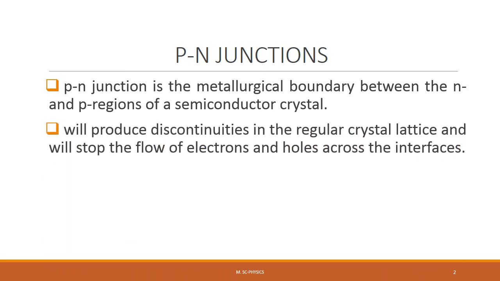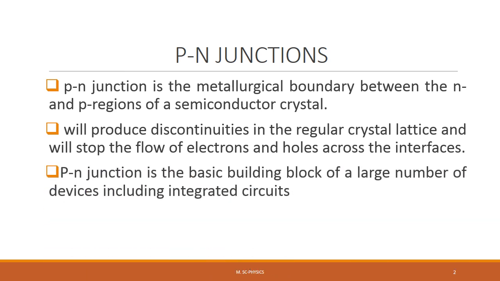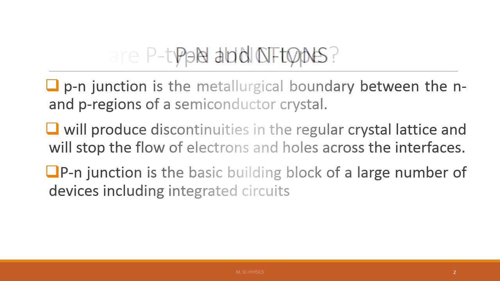It produces discontinuities in the regular crystal lattice and will stop the flow of electrons and holes across the interface. The p-n junction is the basic building block of a large number of devices, including integrated circuits. Therefore, p-n junction action will be taken.